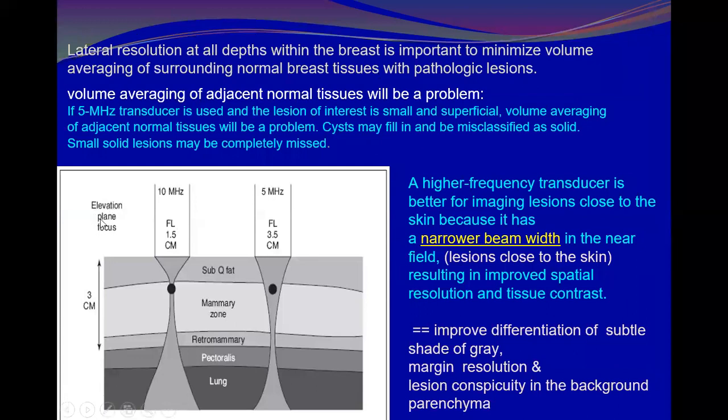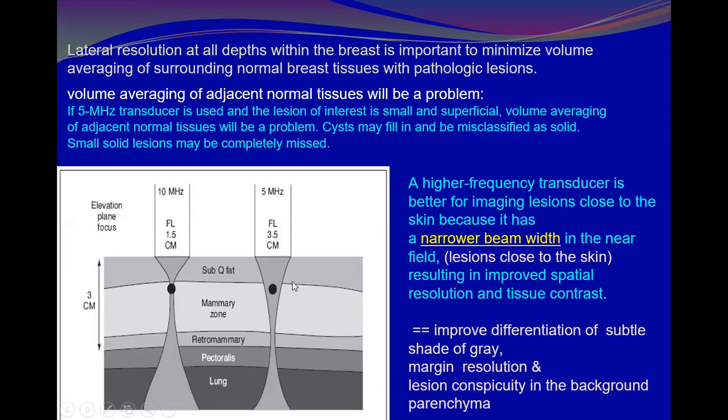This is the elevation plane, which as we said is fixed for each transducer. As we mentioned before, for this transducer here it is about 1.5 centimeters, while for the low frequency, it is a little bit deeper, about 3 centimeters.